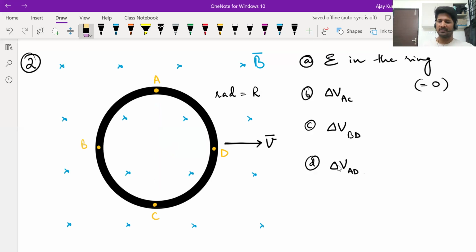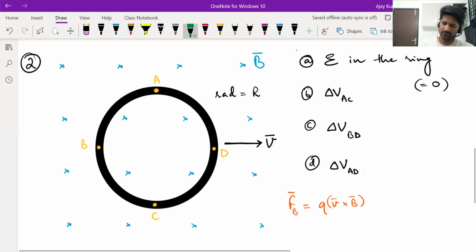Tell me the formula for magnetic force on a charge. When a charge Q moves inside a magnetic field, how much force does it experience? So Q V cross B. Correct. That's the magnetic force acting on a charge when it moves inside a magnetic field.